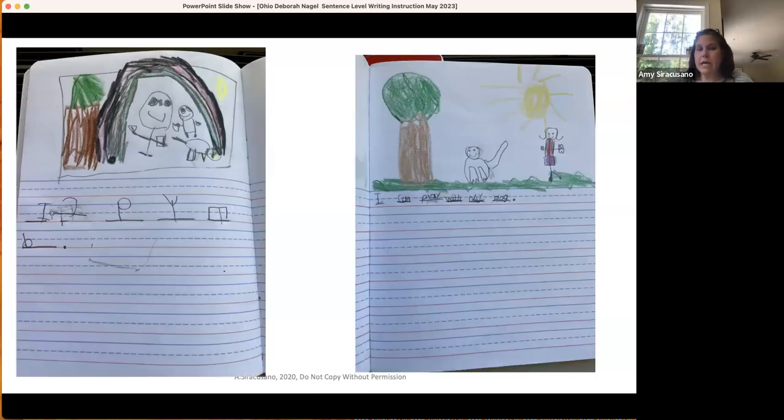So the kids go to their table, and this is the example from I can play with my dog. So this student on the left, you can see we've got some handwriting issues here. She's using great paper. He's got a backward C. Why do you think the child put the letter Y here for with?